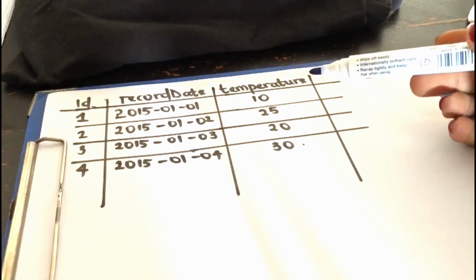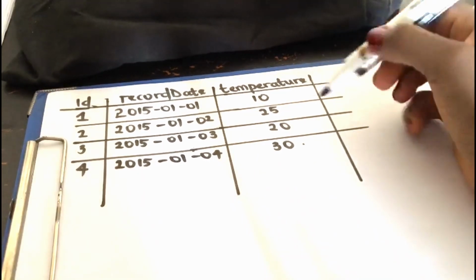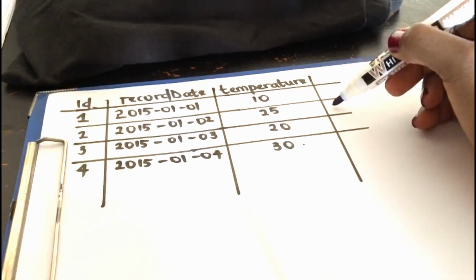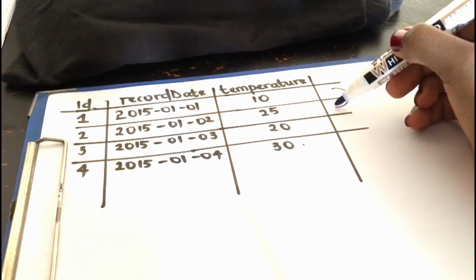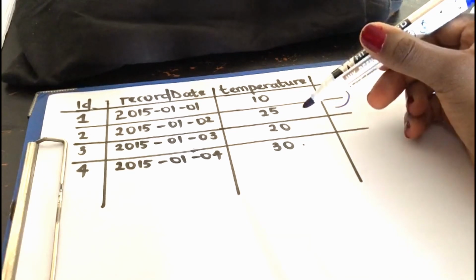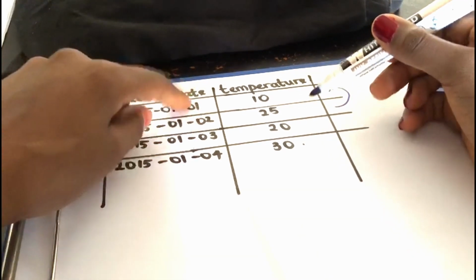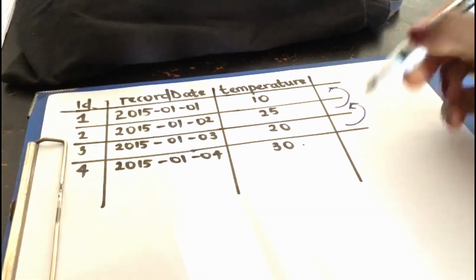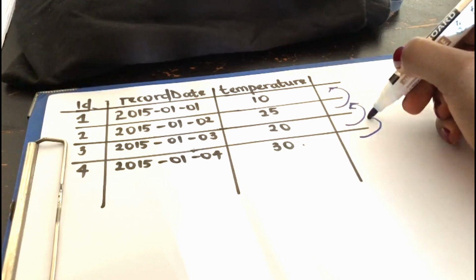Okay, so I already explained what we needed to do, right? We just need to compare. So we need to join the table in a way that we can compare the current date to the previous date. So we compare second to 1st, 3rd to 2nd, and 4th to 3rd.